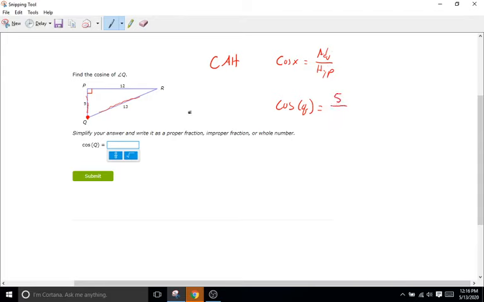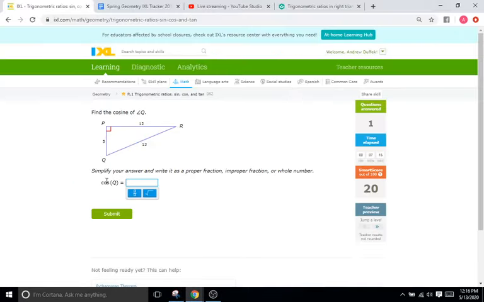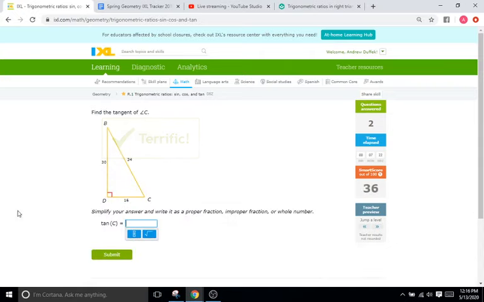And then all over the hypotenuse, which is 13, because again, the hypotenuse is always the side opposite to where the 90-degree angle is. Okay, so it's just 5 over 13, and that's all there is to it. You could use the little fraction thing here if you want. It doesn't matter.